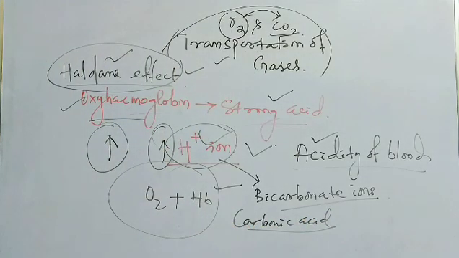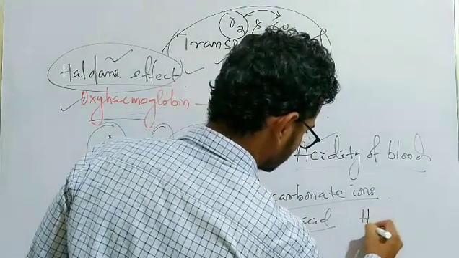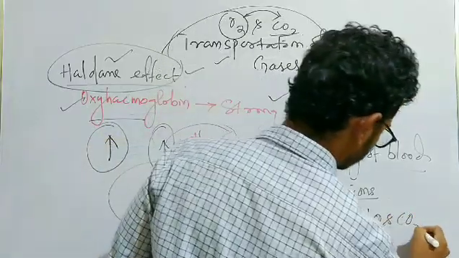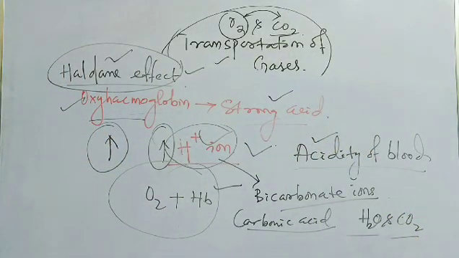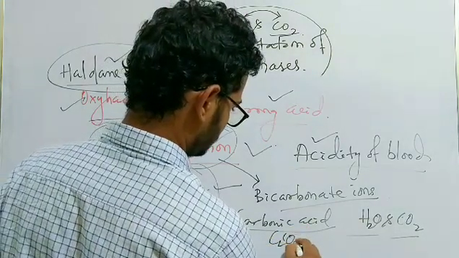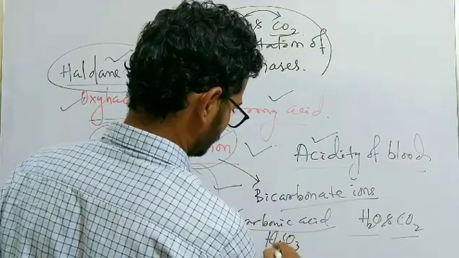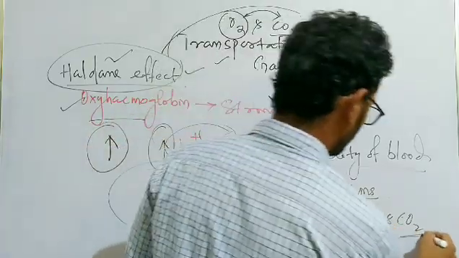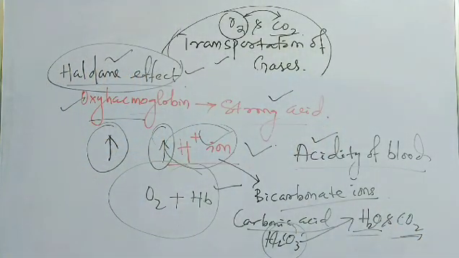that dissociates into water and carbon dioxide. So carbonic acid, H2CO3, changes into H2O and CO2, means water and carbon dioxide.